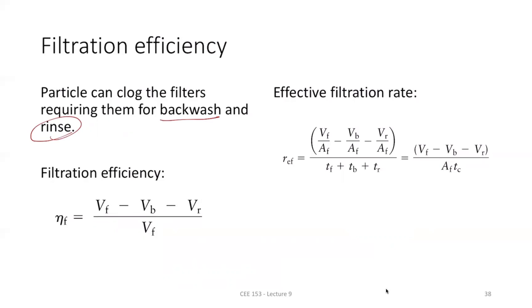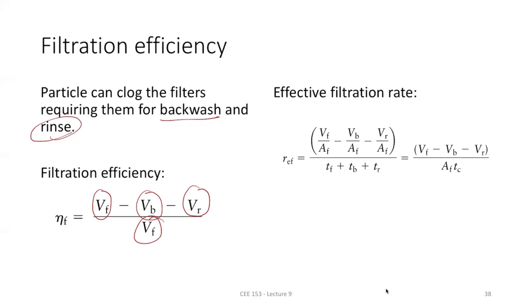So for this one, the efficiency is the volume of filter water you injected, minus the volume you backwash and the volume you rinse, divided by the total volume that can be filtered. That's the efficiency. Now the question is, what is the effective filtration rate?